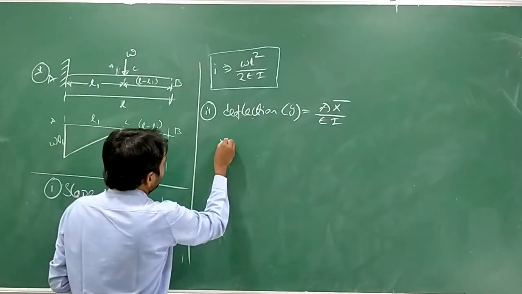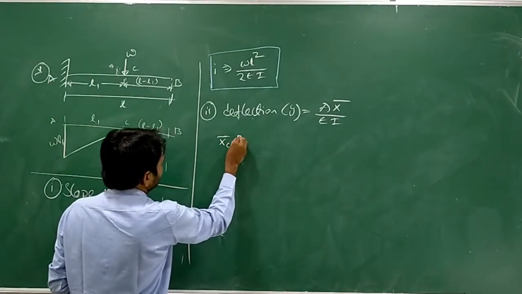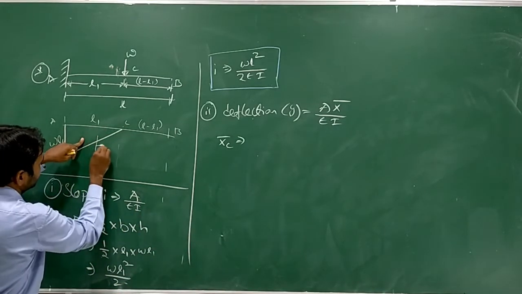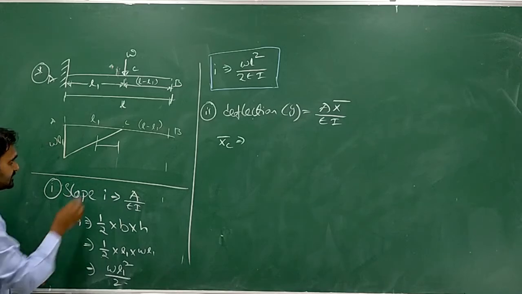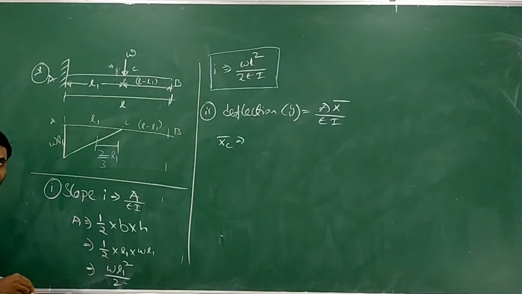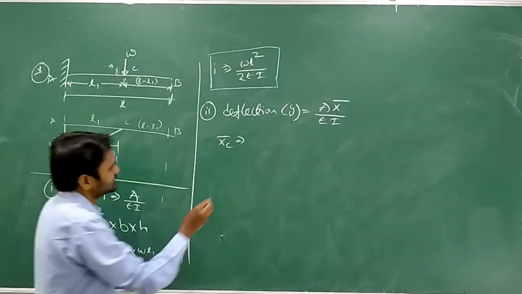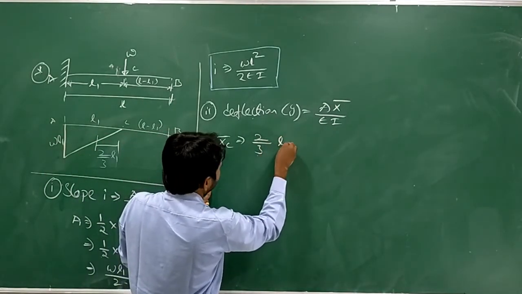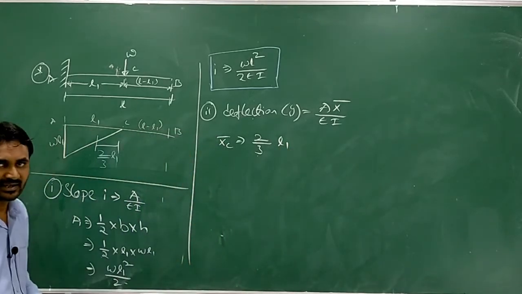So x bar from C, here to here. As in the previous case, that is 2/3 of the base, here also 2/3 of the base, that is 2/3 of L1. So x bar at C equals 2/3 of L1.